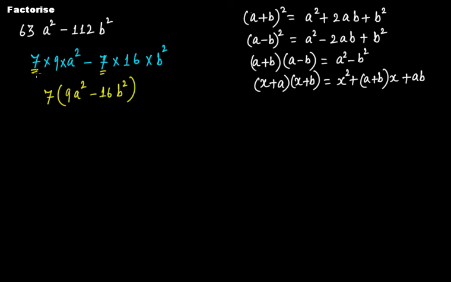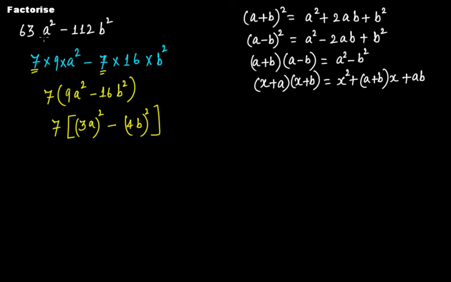Now if you're wondering why we took out 7, I'll explain. Now this is 7 and this is 9a squared minus 16b squared. So 9a squared can be written as 3a whole squared, and this 16b squared can be written as 4b whole squared. Okay. Had you not taken out this 7, then you could not make square terms within this algebraic expression.